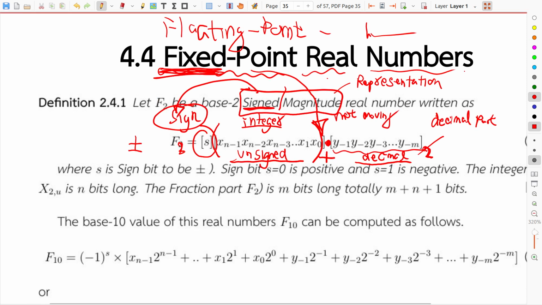We have the unsigned integer for n bits, and the decimal part for m bits, with subscripts -1, -2, -3, all the way to -m.